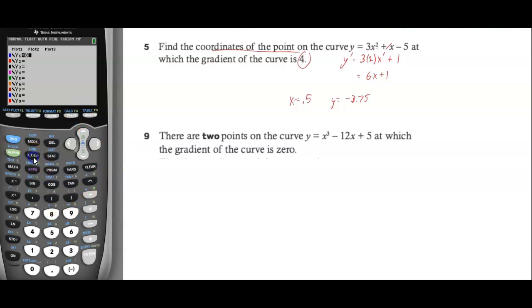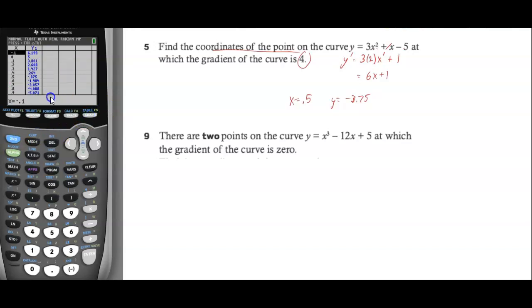X cubed. I do circumflex for the base, and then press the right arrow. 12x plus 5. And then I'm going to do second table.